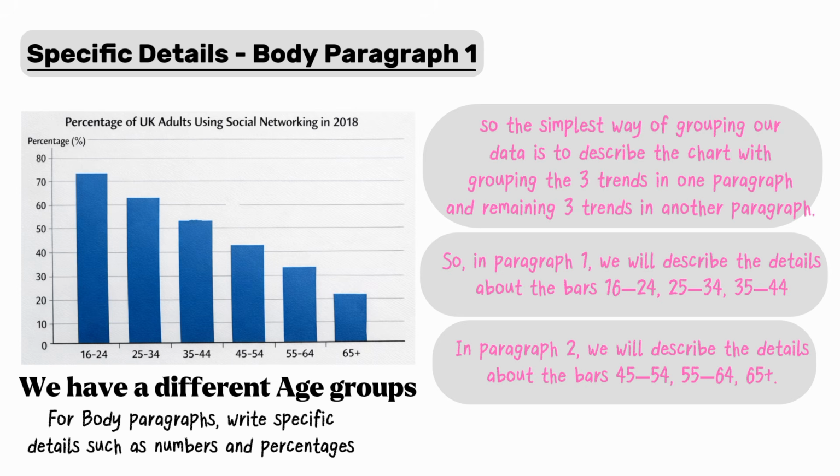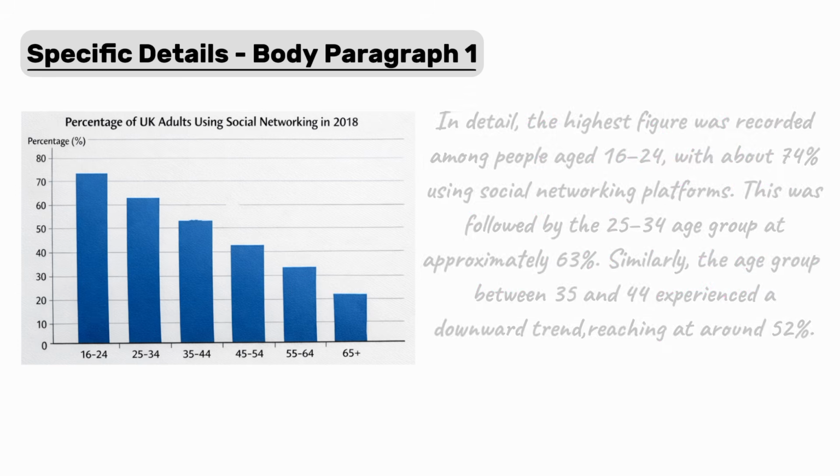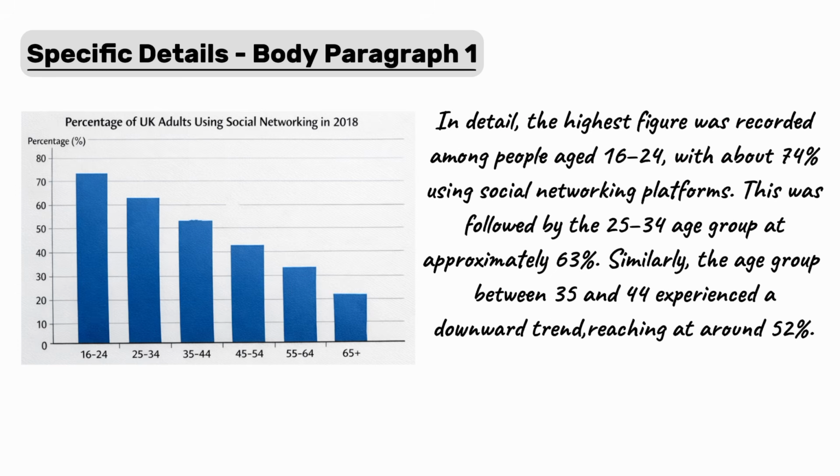When you are given specific features, you have to write numbers and percentages and include as much detail as you can. And here's how I organize body paragraph 1 with specific details.